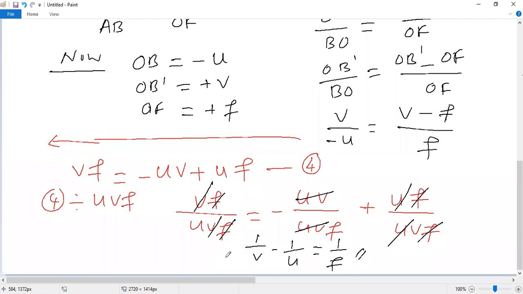Okay, so this is the proof: the lens formula for a convex lens when it forms a real image, the derivation of the thin lens formula for a convex lens when it forms a real image.